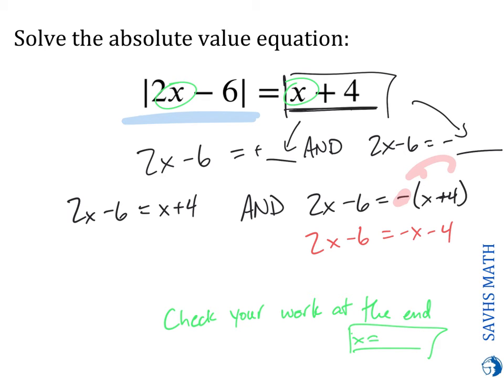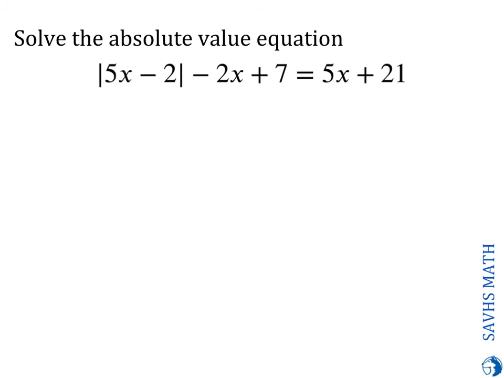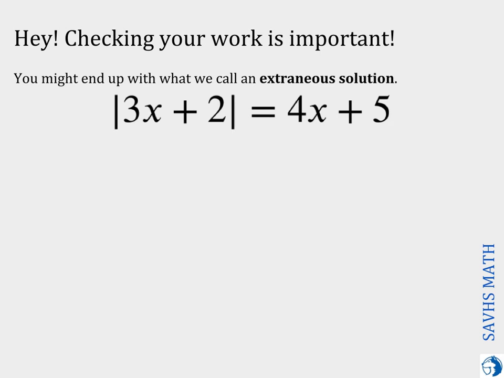If it doesn't work, then you did something wrong, or you have something called an extraneous solution. Sorry, I had to skip through a couple slides here. I just wanted to skip some things because that's plenty of information here. So extraneous solutions happen sometimes, and what that means is you do something with your algebra that creates a mistake, and you have to check for that mistake at the end. It's not that you did something wrong, but it creates an extra thing going on.